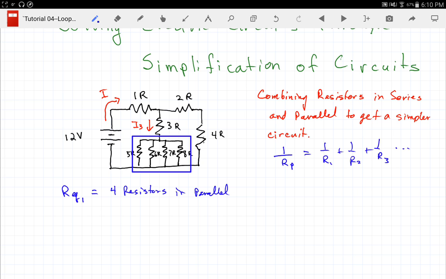So I have that equation, so I'm just going to have here 1 divided by R equivalent 1. And remember, it's everything that's inside of that rectangle, the blue rectangle.